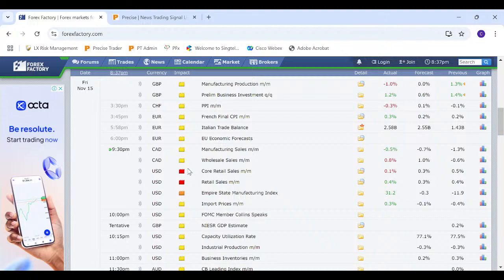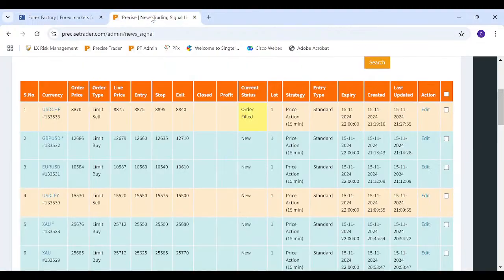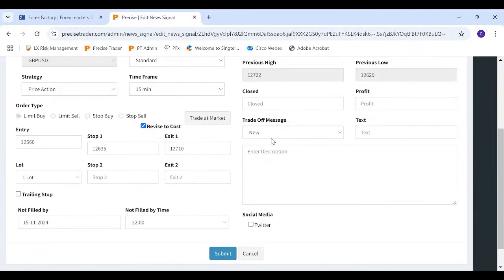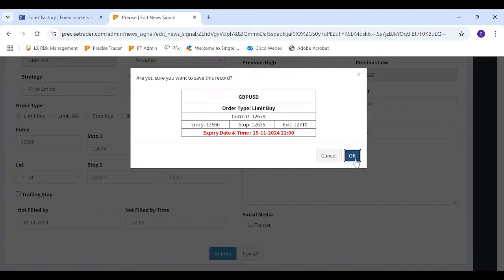Okay, dollar yen is filled, pound is filled, and dollar Swiss. Okay, we have three orders there. Pound is filled, dollar yen was filled, because the problem is sometimes this price jumps so fast.